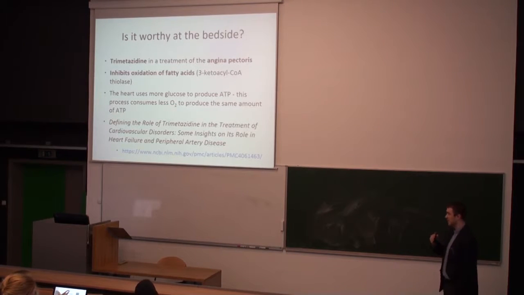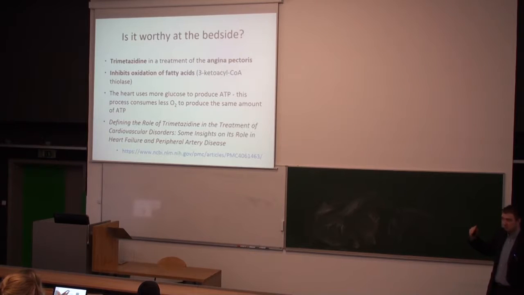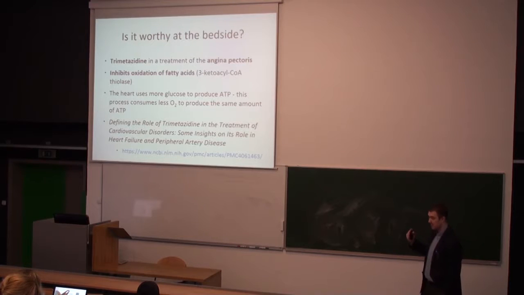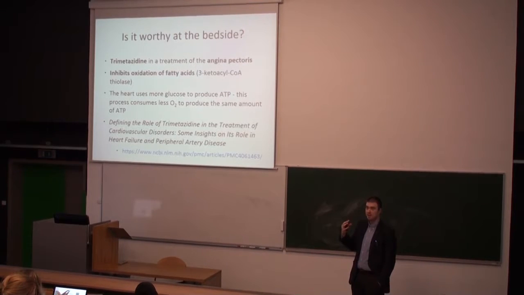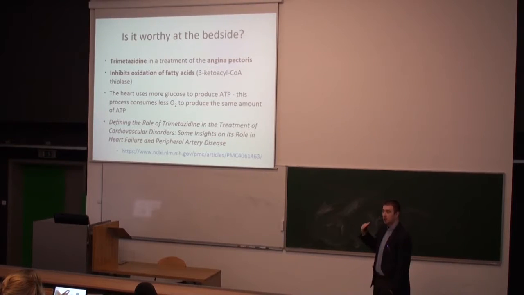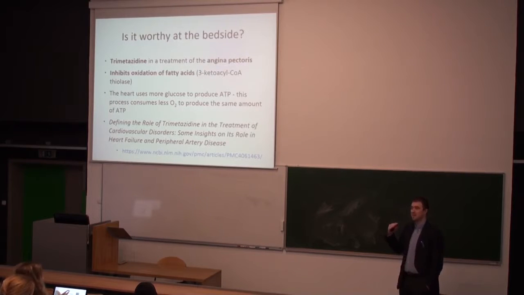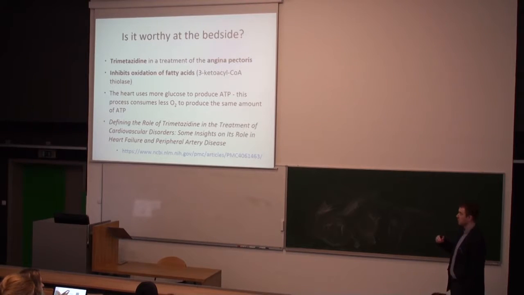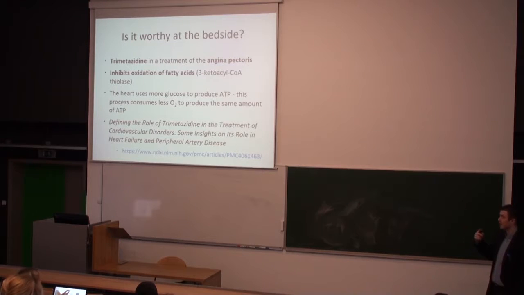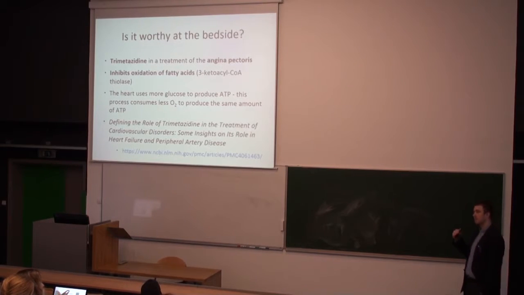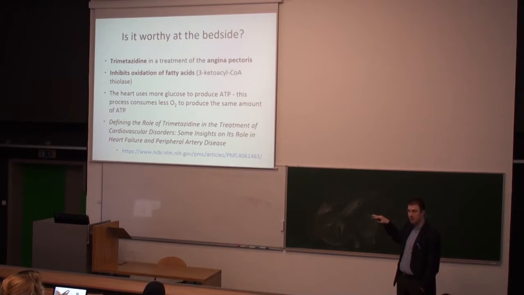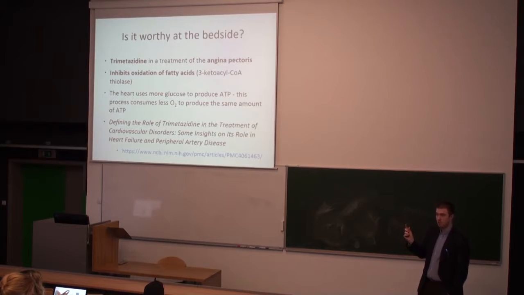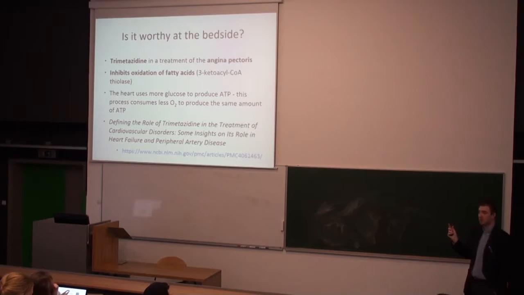Then the cells can use the second energy substrate, that's the glucose. The meaning of this is that in some conditions, if your heart is limited by the amount of oxygen, it's better for the heart to use glucose than fatty acids. In the previous semester, we mentioned the parameter called energy equivalent. That means the amount of energy that's released from, we can say, an unlimited amount of nutrient if you have 1 liter of oxygen. So the thing that limits you is 1 liter of oxygen.